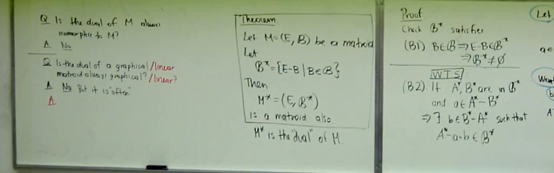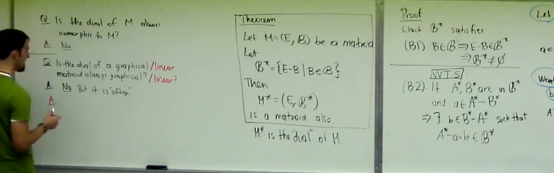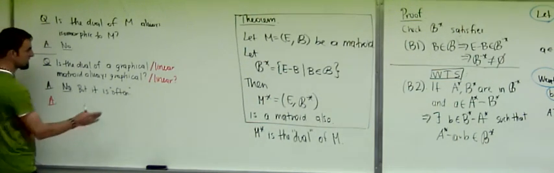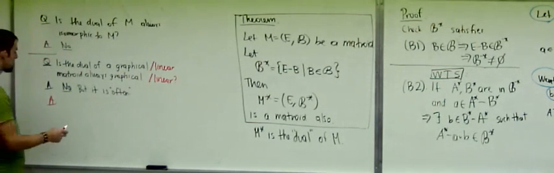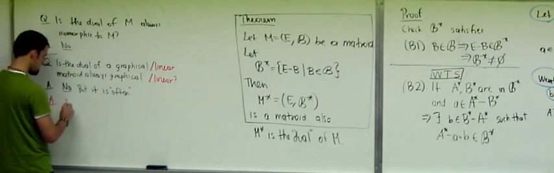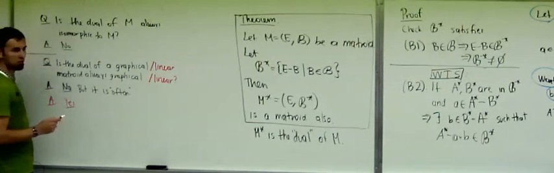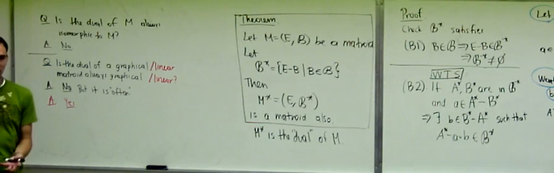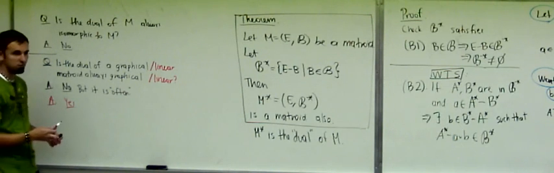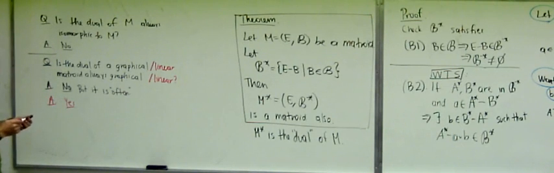You think it's true? And some of you think it's not true. There's no necessarily compelling reason to believe one or the other, but it turns out the answer is yes. So we're going to see that if you start with a matroid that is linear and you take the dual, then that's also linear.